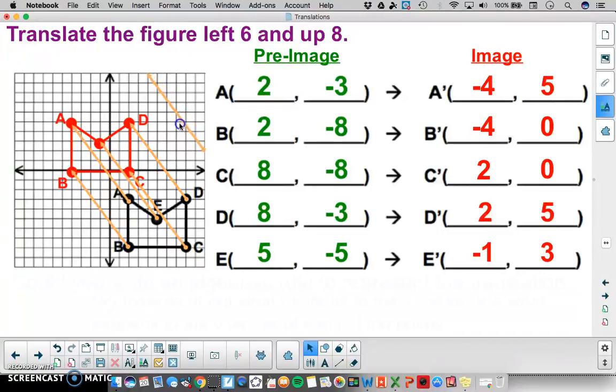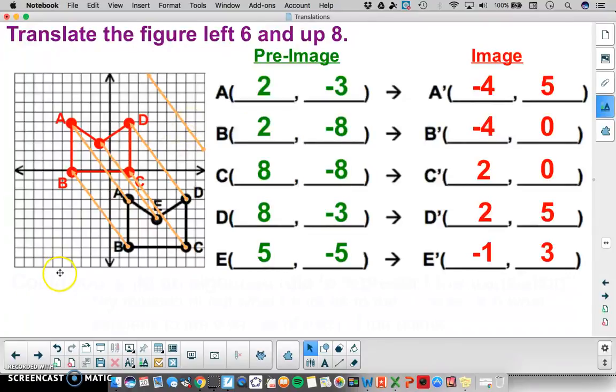So if I were to place this vector on the coordinate plane somewhere, I could see the X component would be -6 and the Y component would be +8. Each one of these vectors would be an equivalent vector to this one. So that's our translation vector.